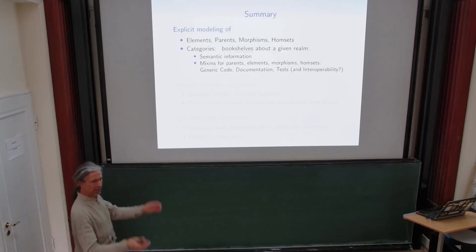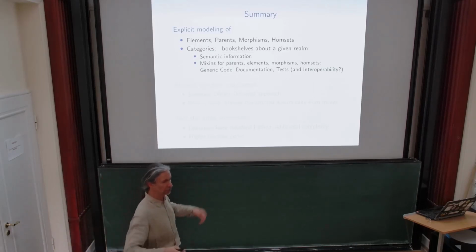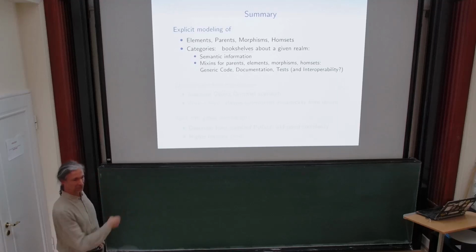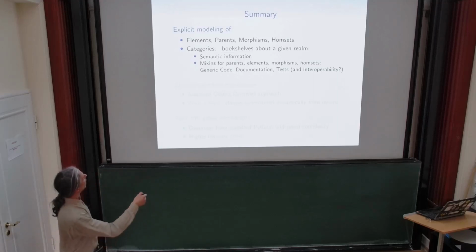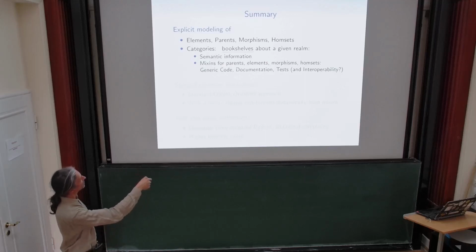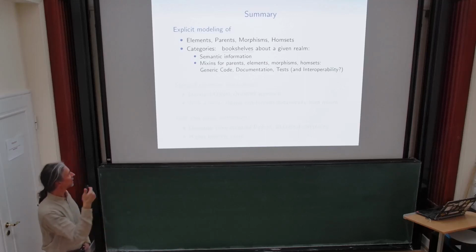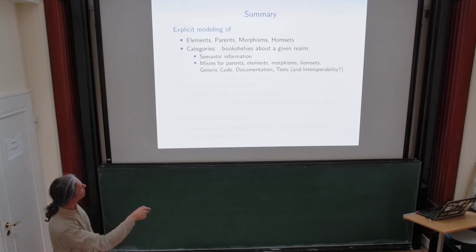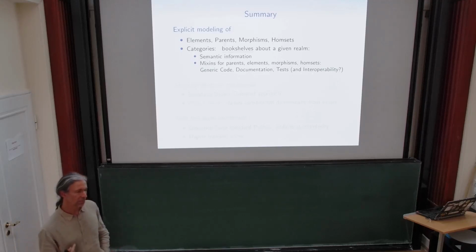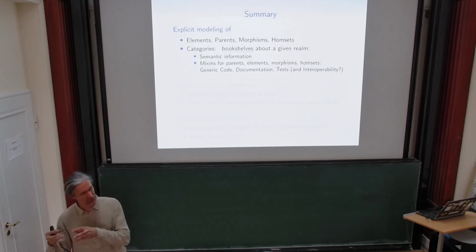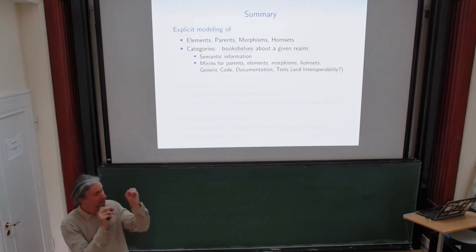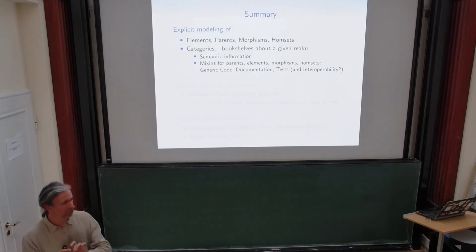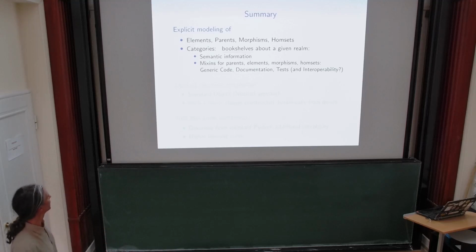You go into the library and there is this bookshelf about group theory, and you have everything about group theory: semantic information, what we know about groups, mixins, so code for parents, elements, morphisms, onsets, like code, documentation, tests, and even code that allows, well, we do have some experiments where we automatically build an interface between Sage and Gap, just by little pieces. Multiplication, this is how you do it with interoperability. Addition, this is how you do it with interoperability. And then you inherit everything.